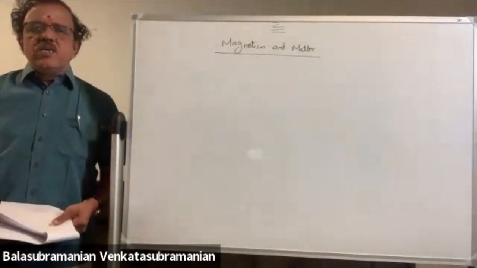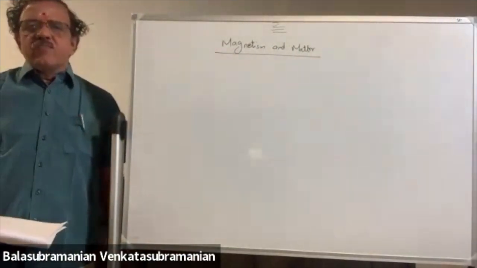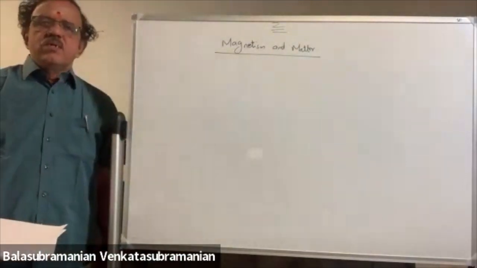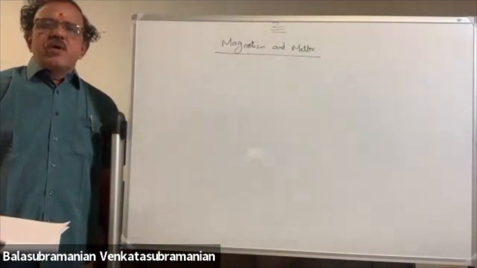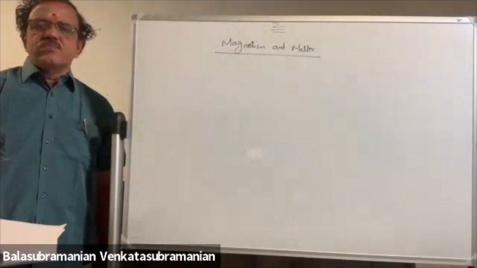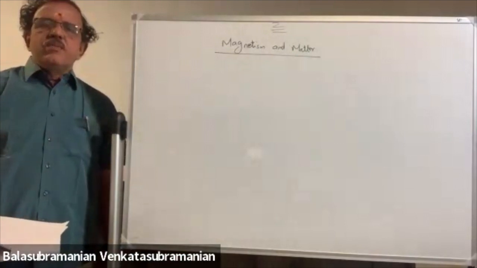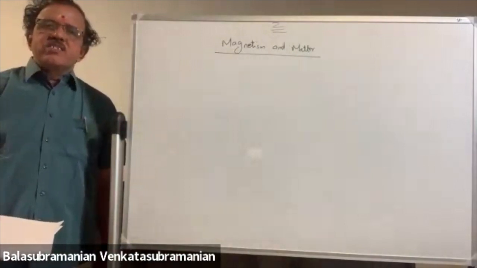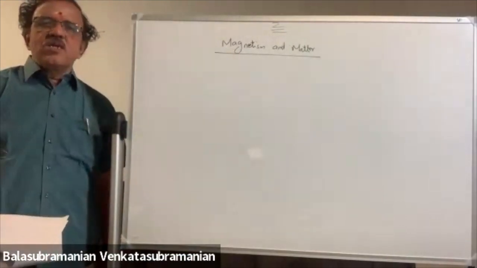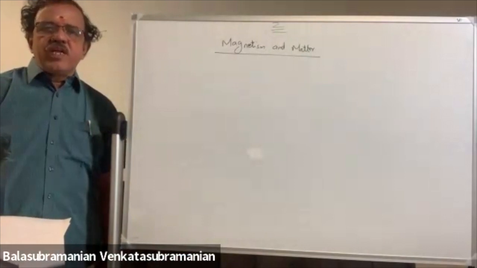We are going to see the problems related with magnetism and matter. Basic properties of earth magnetic elements: dip or inclination, magnetic declination, horizontal component of earth magnetic field.